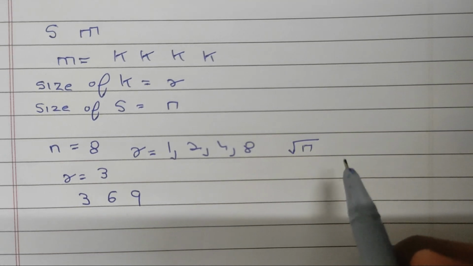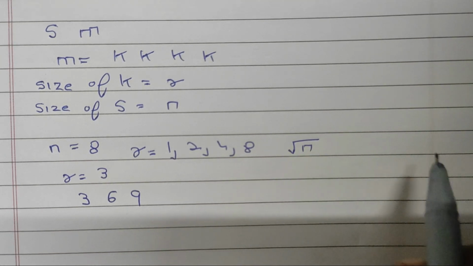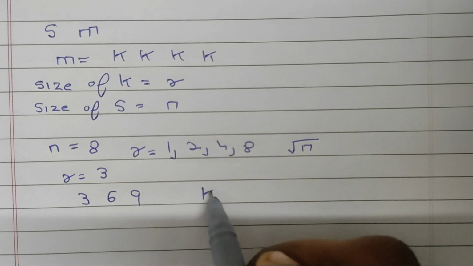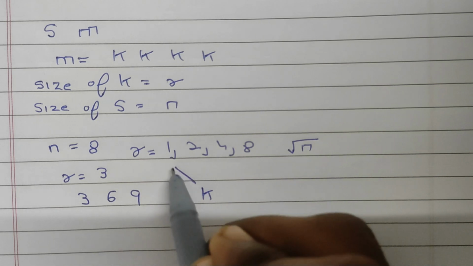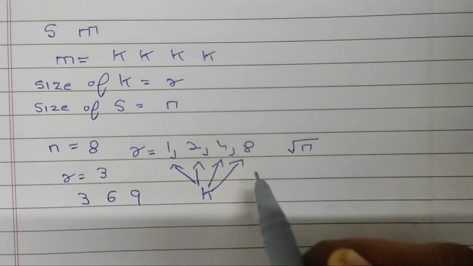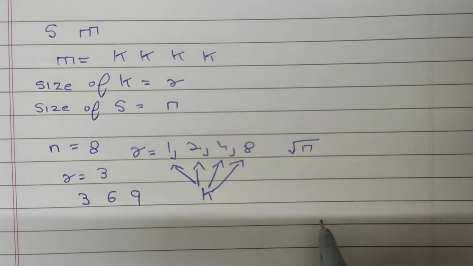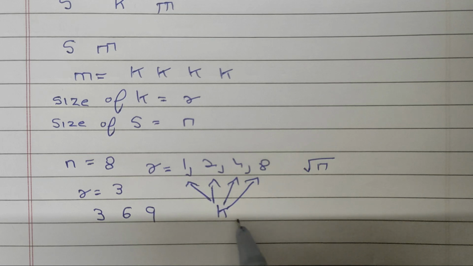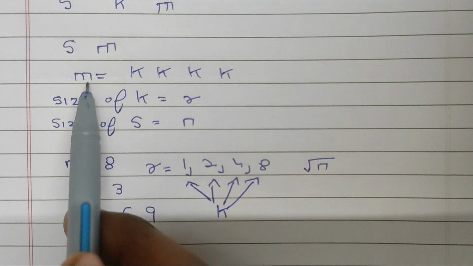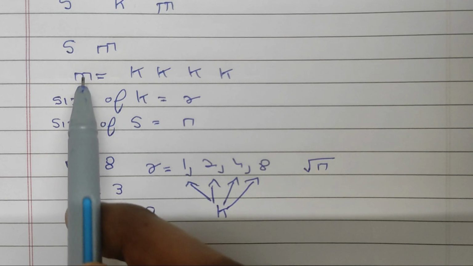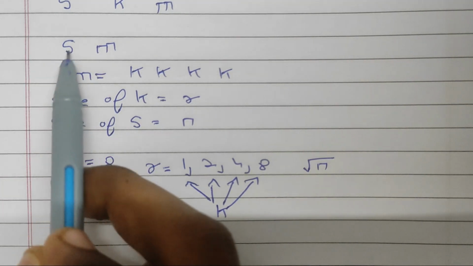I'll show you the code for that, and we have to check whether we can form a valid magical sequence K of these sizes. A valid magical sequence is the sequence which can be repeated multiple times to form a string M, which will differ at most in one position from string S.